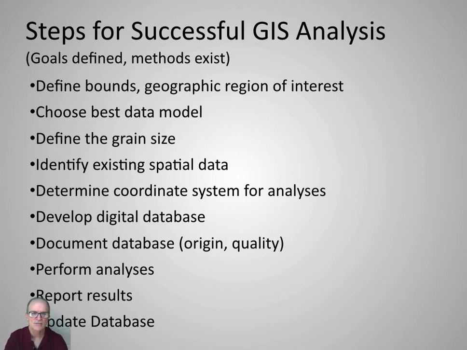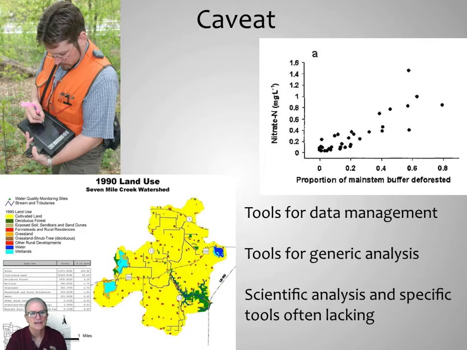So it's this iterative process, and the model that you apply underlies all of this. It drives a lot of these decisions. So the representation you have of the world is driven by the relationship that you're trying to replicate. In this case, it's stream buffer deforested versus nitrate. I want to get nitrate in the streams across the landscape.